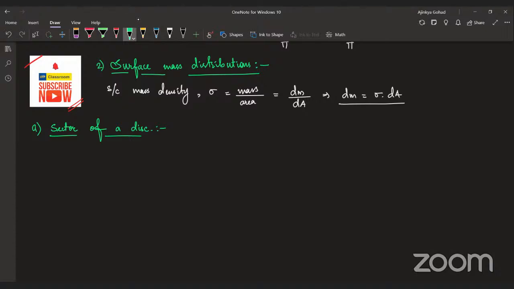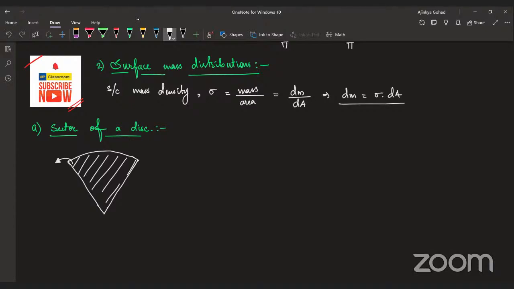It's like a circular arc, but full. Imagine a pizza slice. A pizza slice is something which can be classified as a sector of a disk. So the entire mass is distributed here.